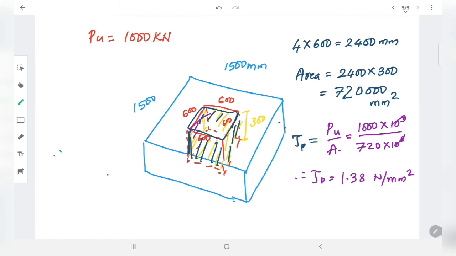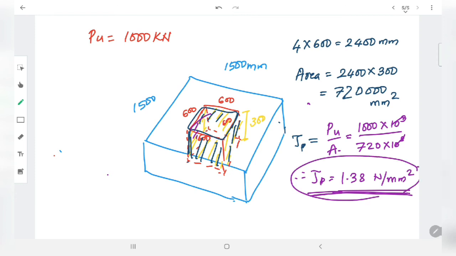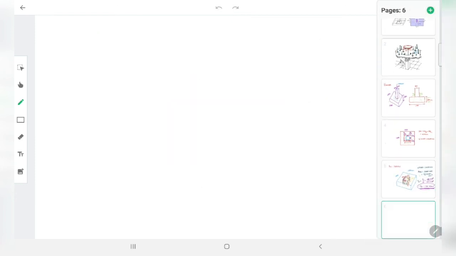So if the capacity, that means the capacity of concrete as well as reinforcement and its shear capacity, is less than 1.38, in this case the structure or footing or a flat slab will fail under punching shear.